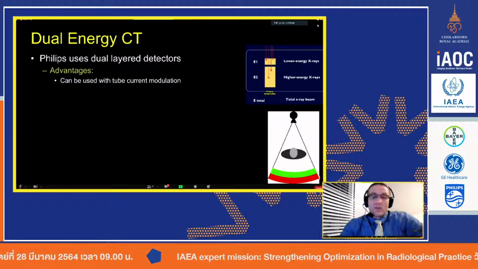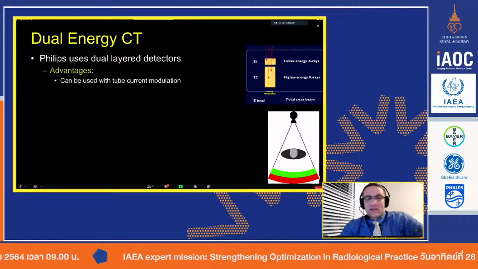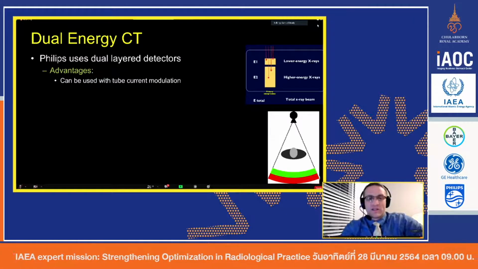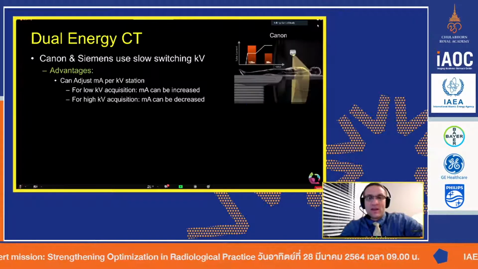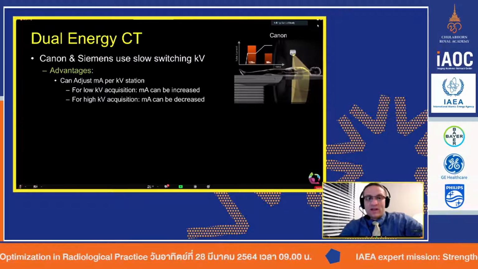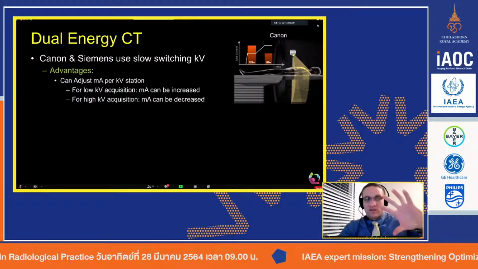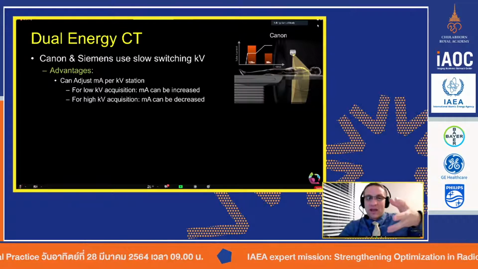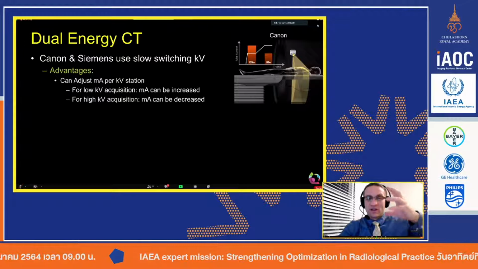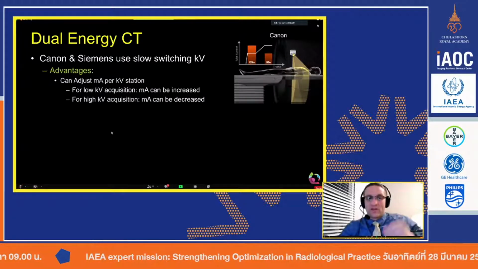All right, so one of the advantages of the dual layer is that you can once again acquire the images like you would normally in a single energy. So you have tube current modulation. And then the advantages for the slow switching are that as it spins around, obviously you can modulate the MA very easily. So you have tube current modulation in that respect, and you can get the right MA for the right KV.